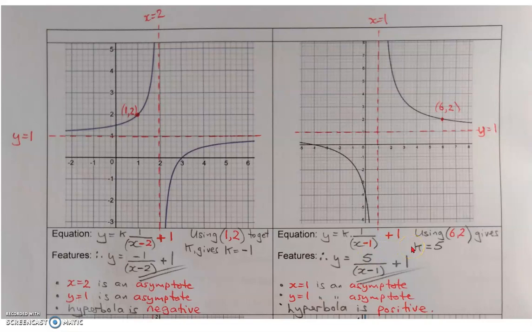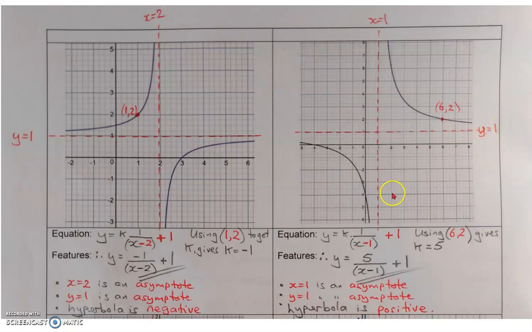Now this one, we can see again, if we think about it in the same way as the previous one, that there's an asymptote going that way and an asymptote going that way, and that asymptote is this y equals 1 line.